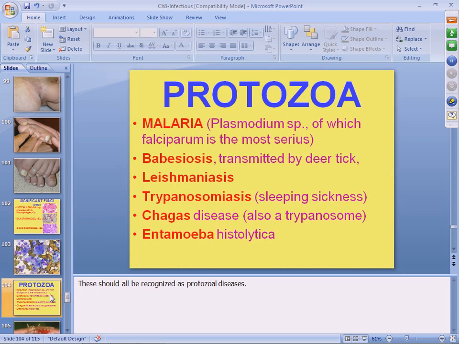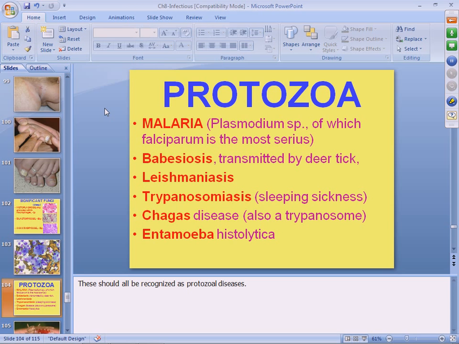I think the last thing that we'll do, even though I'm sure you've done this in microbiology, is talk a little bit more about the protozoa and actually go into the life cycle again of malaria. Malaria is not only the single biggest protozoal disease of clinical importance, but the single biggest parasitic disease of clinical importance.